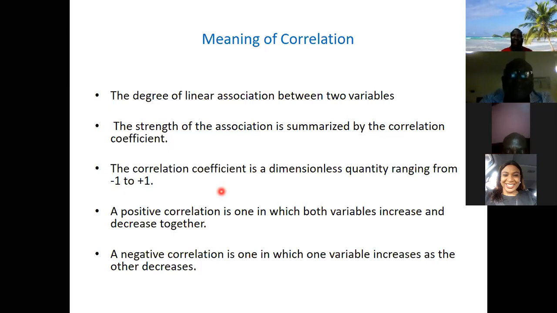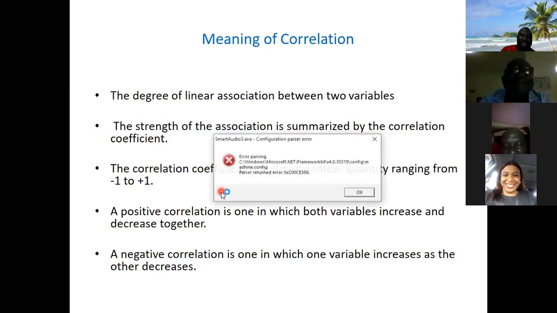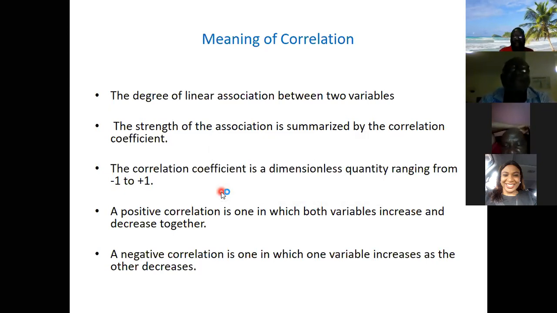If it is a direct proportion, that is positive correlation, it will not have a possible value below 0. It's going to be 0 to 1. If it is inverse, it's going to be between 0 and -1. So the magnitude is actually between 0 and 1, but it can be positive or negative.